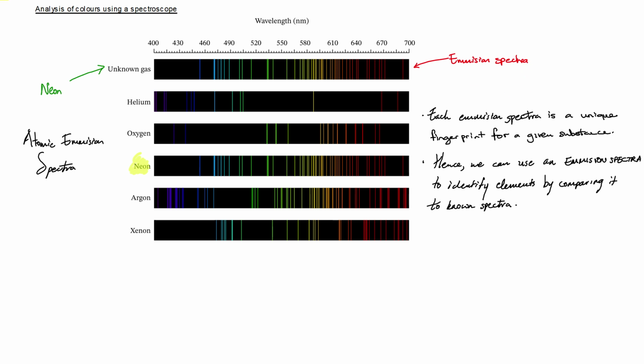And these emission spectra can be compared with known spectra, and that will help us identify the element. But indirectly, it also gives us information or proves something about the structure of an atom. So that's the next thing we're going to look at.